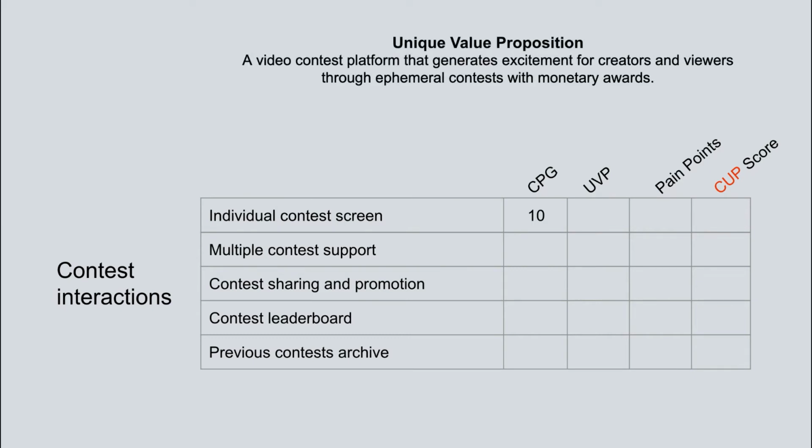Our unique value proposition is that we generate excitement for creators and viewers by having these short-lived contests, so we have urgency, and there are monetary awards attached to it. Well, again, without the contest, you can't generate excitement around the contest, so we're going to give that a 10 as well. This one is pretty obvious, but you'll get my point better with the other tasks, just bear with me.